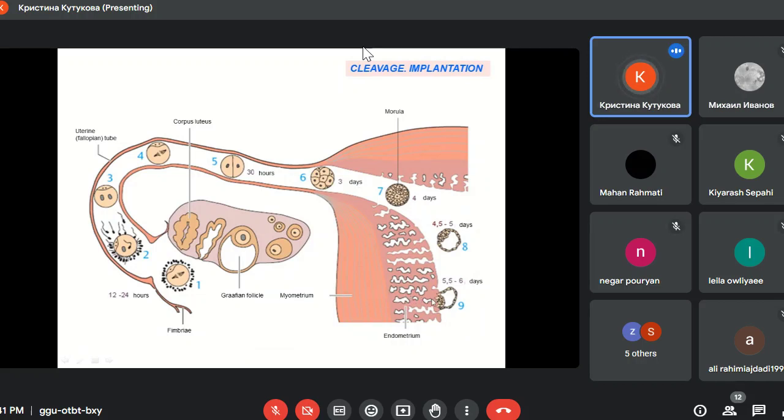It will kind of eat its way through the wall of the uterus and stay here. The epithelium will cover it from outside, and the embryo will develop inside the tissue of the uterus, inside the endometrium.